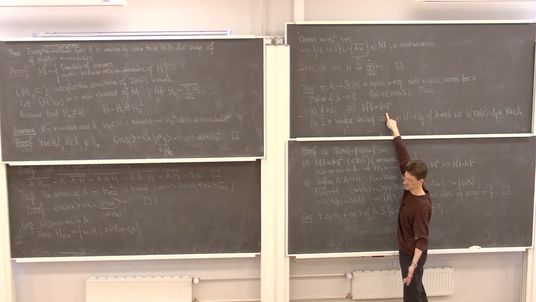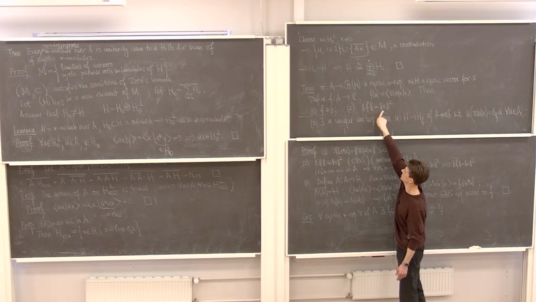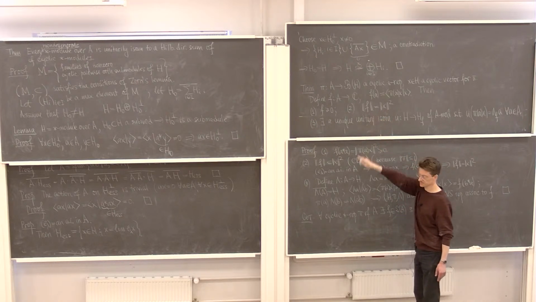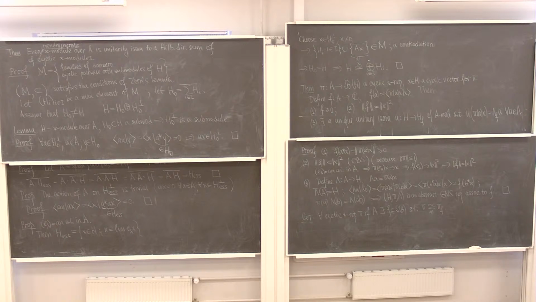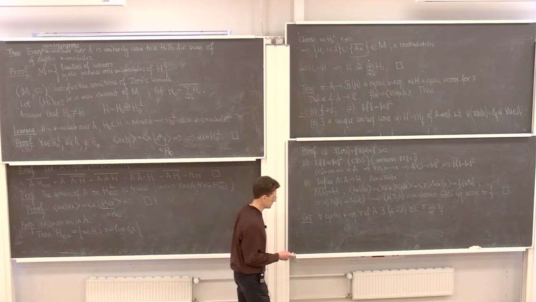Of course, if we have a cyclic vector, we can always normalize it. And this equality implies that F is a state. So pi is isomorphic to pi F for a suitable state on A. In other words, every cyclic representation is isomorphic to a GNS representation.